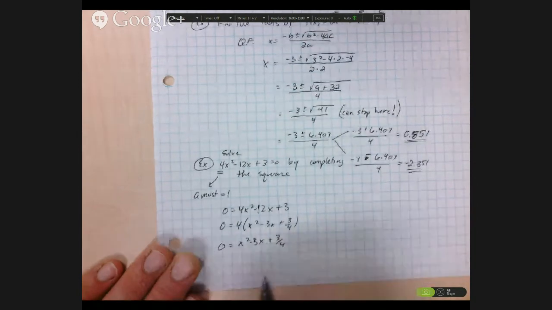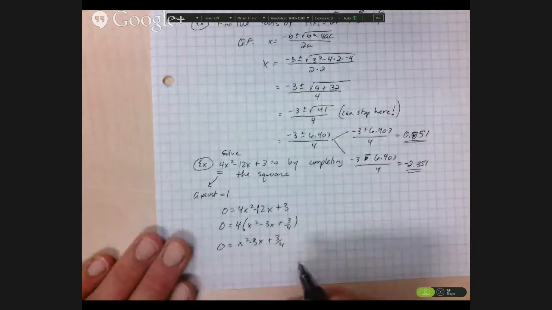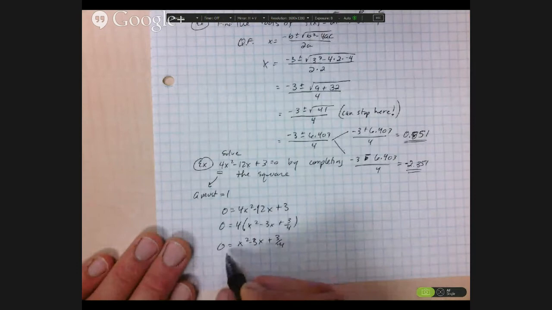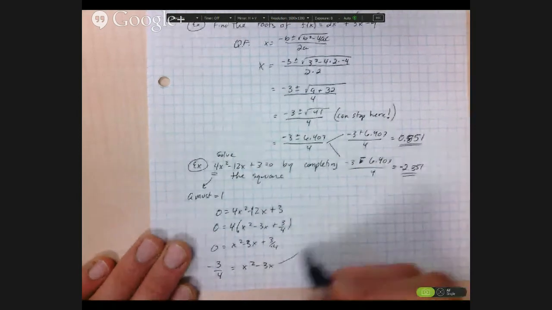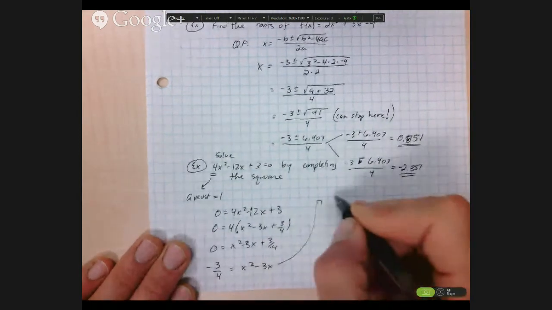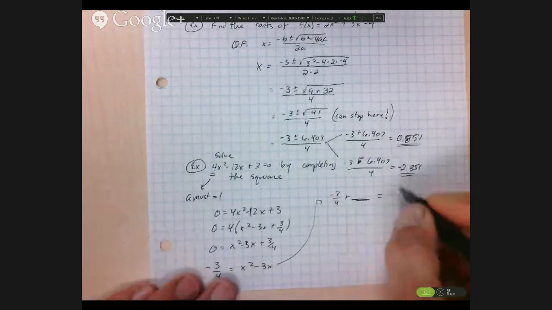It does not change our answers. Okay. Now we're going to take the 3/4 and move it over. And then I'm going to rewrite it with some spaces, because now we're going to complete the square.